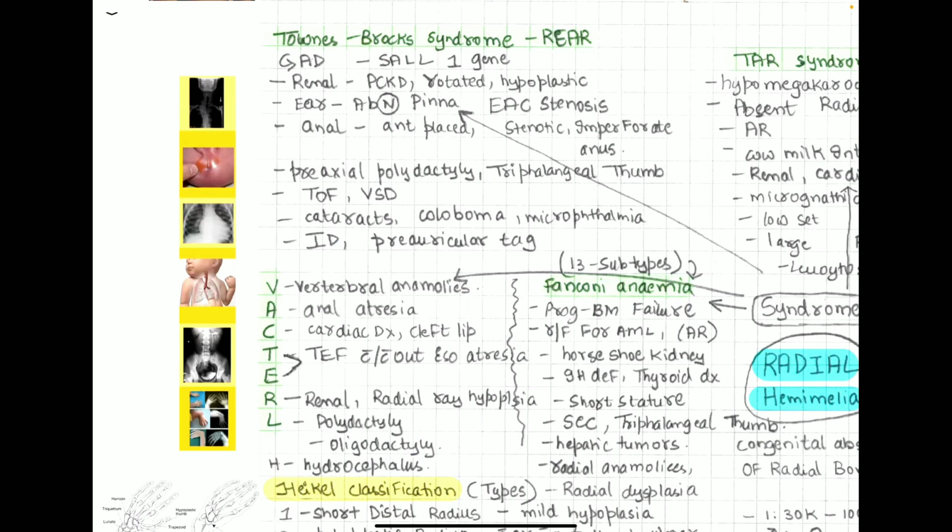There can be associated tracheoesophageal fistula with or without esophageal atresia. Then there can be renal anomalies and radial ray anomalies. Other limb anomalies include polydactyly, oligodactyly. When the patient also has hydrocephalus, we call it VACTERL-H syndrome.